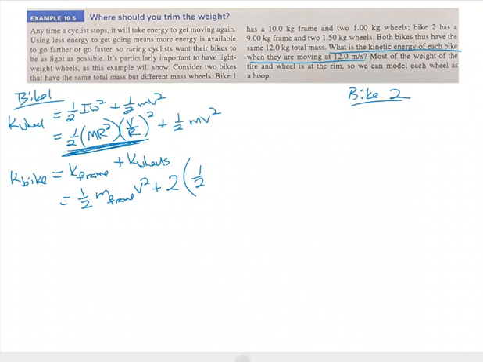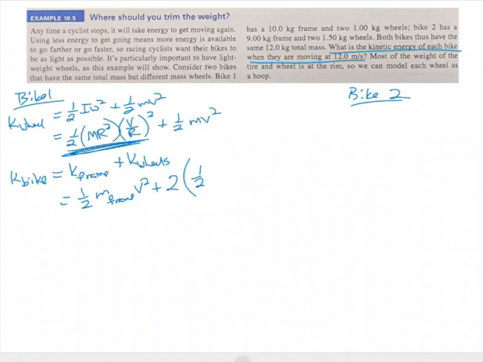See, we don't know the radius of the wheel though. Do we need to? No, because the r is on top and on the bottom. What happens there is what I'm asking. 1/2 times 2 is 1. No, but I'm not distributing that 2 yet. The r squared on top and the r squared on the bottom wind up being r squared over r squared, so the r's are gone.